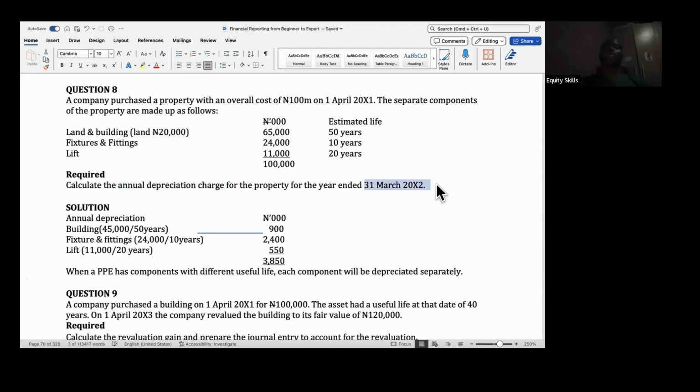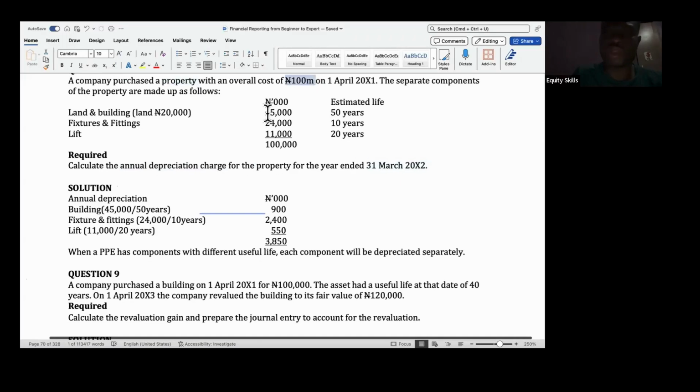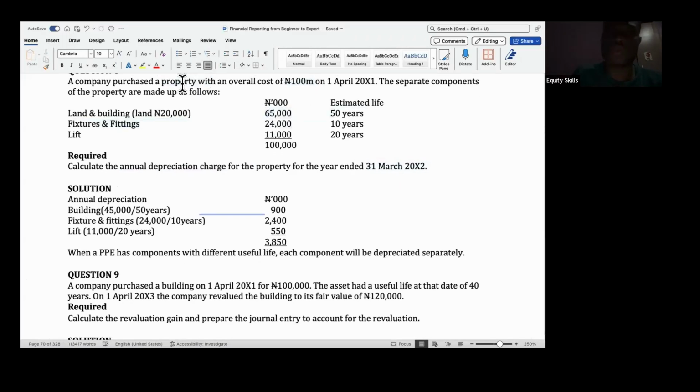Okay. Now, you see, this type of question, they give us a property with an overall cost of 100 million. Then I went further to break down that cost. That this property, it has components. It has different components.